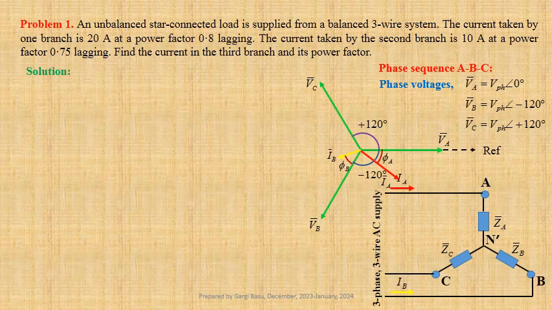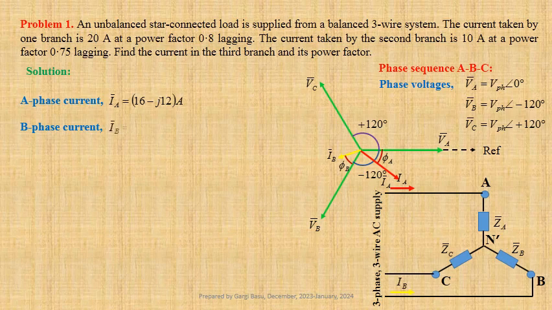In Cartesian form, we have obtained current flowing through the A phase IA equals 16 minus j times 12 ampere and current flowing through the B phase IB equals minus 9.4782 minus j times 3.188 ampere.